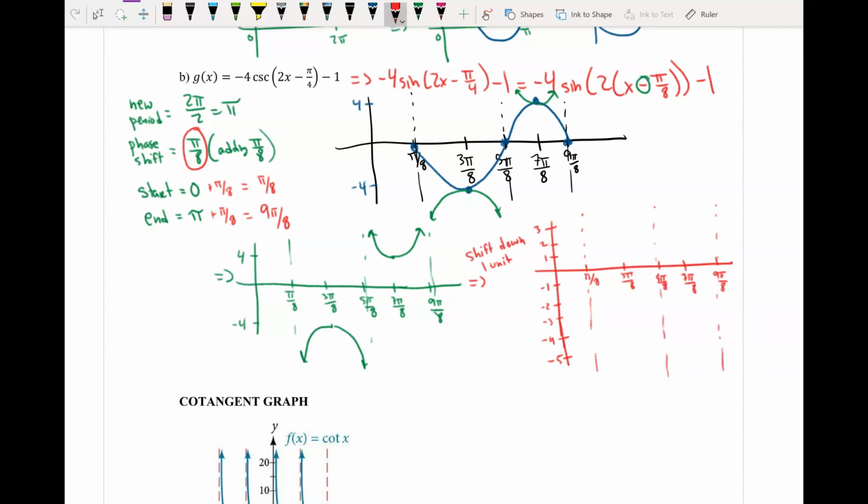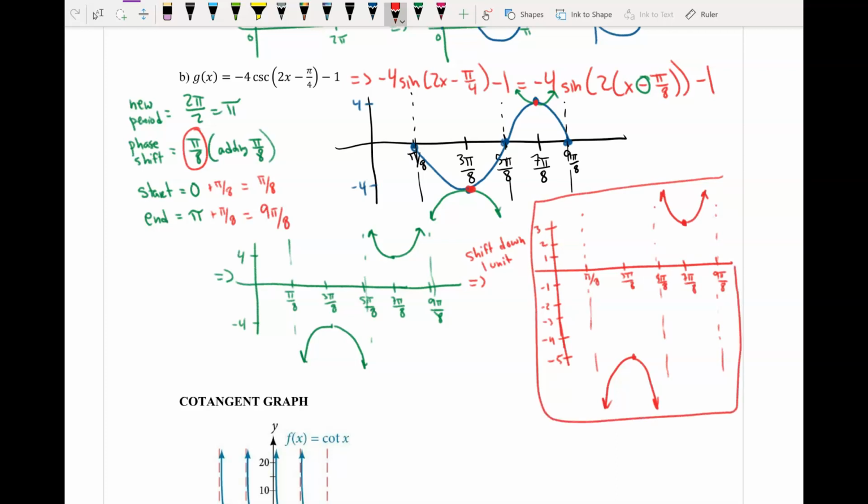All right, and now everything's going to be shifted down 1 unit. So this guy was at -4, so now it's going to be at -5. And the other guy was at +4. I'm going to shift down to 3. So it's going to look like that. All right, and that is my answer for this one. So lots of work, but that will be it.